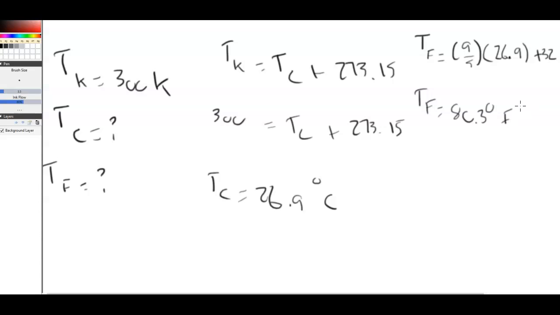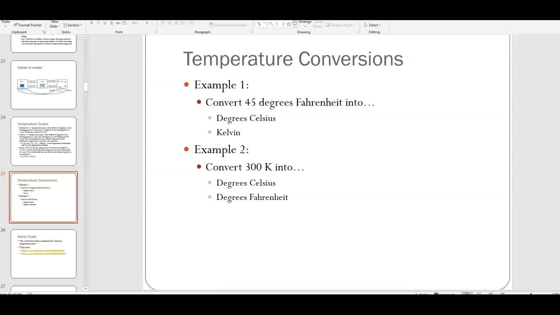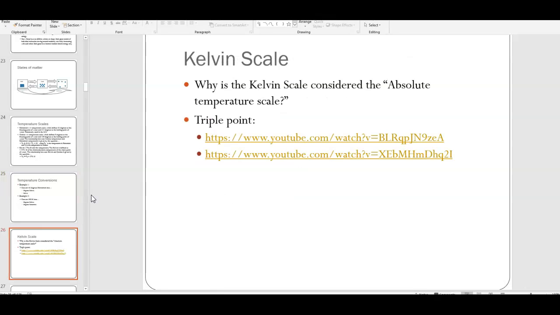So you might want to check the answer on your own. But there you go. Okay, so if you're doing a problem and it talks about 300 Kelvin, that's about 80 degrees Fahrenheit. So a little past room temperature, but still not too warm or anything. Okay, so those are just some really basic unit conversion problems. Hopefully not anything that would give you too much trouble.